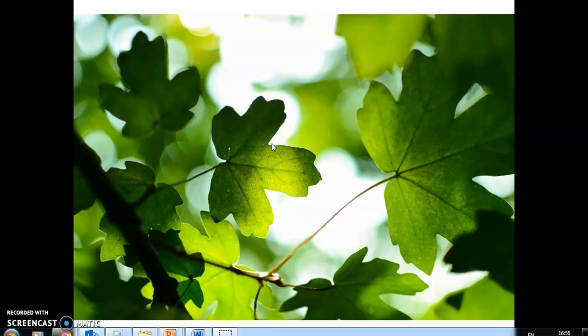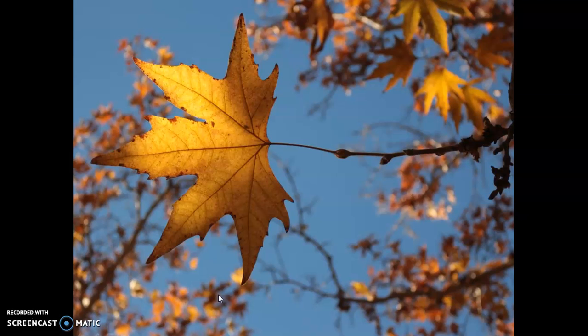Also, the leaf of the field maple is considerably smaller than the Norway maple and sycamore, and it can sometimes be mistaken for the hawthorn leaf. Although it is considerably bigger than hawthorn, students are inclined to mistake field maple and hawthorn a little bit as well.